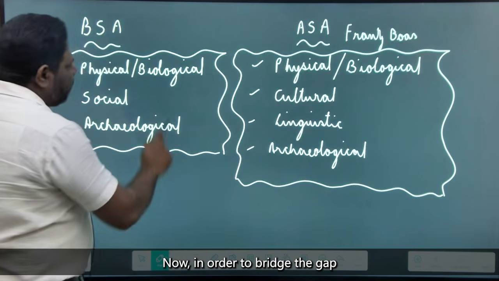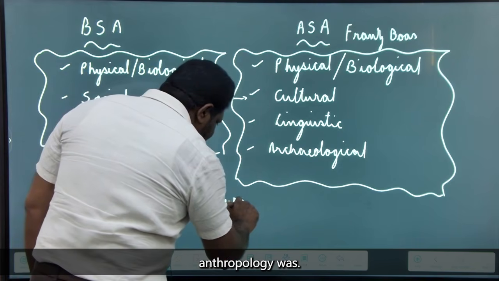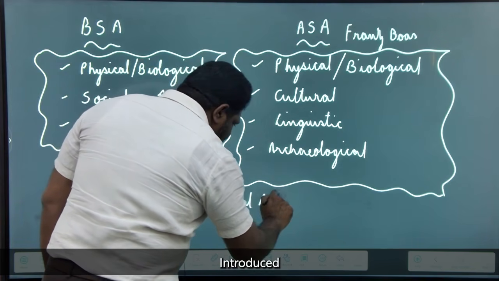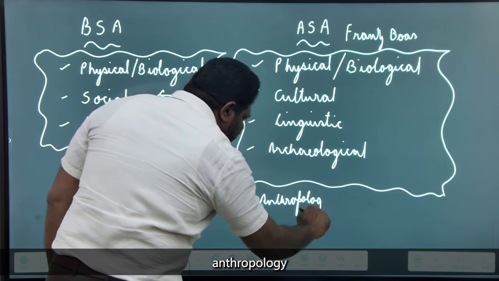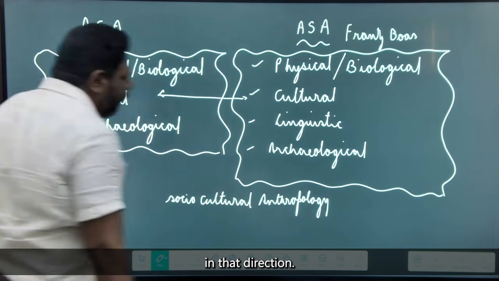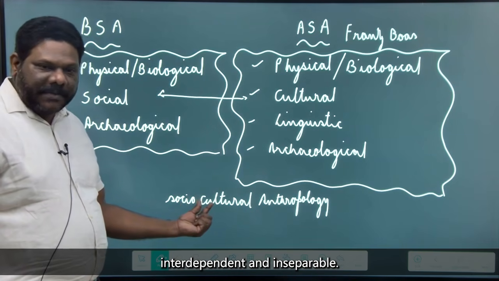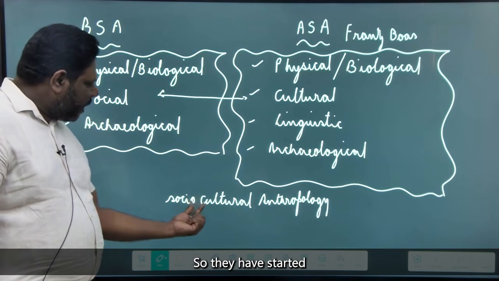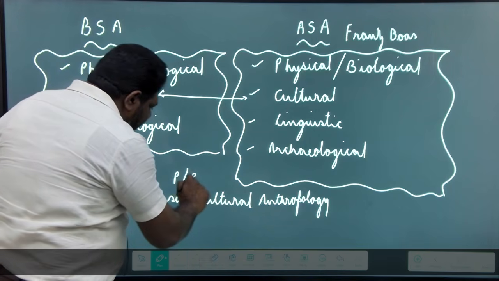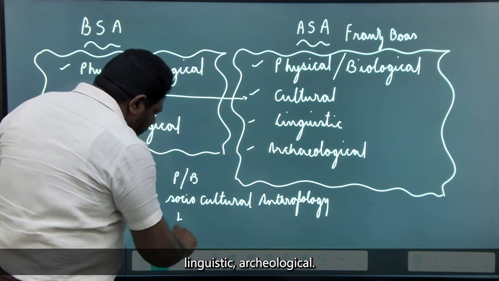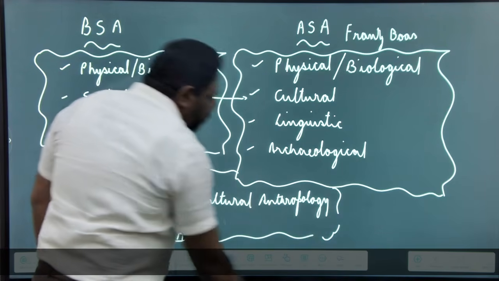Now in order to bridge the gap between these two, socio-cultural anthropology was introduced. So earlier it was social anthropology and cultural anthropology, even books were in that direction. Now both of them are interdependent and inseparable, so they started socio-cultural anthropology. So physical or biological, linguistic, archaeological. So now widely recognized branches are these ones.